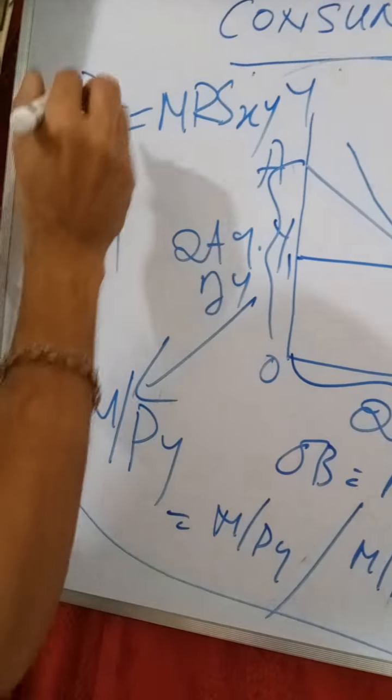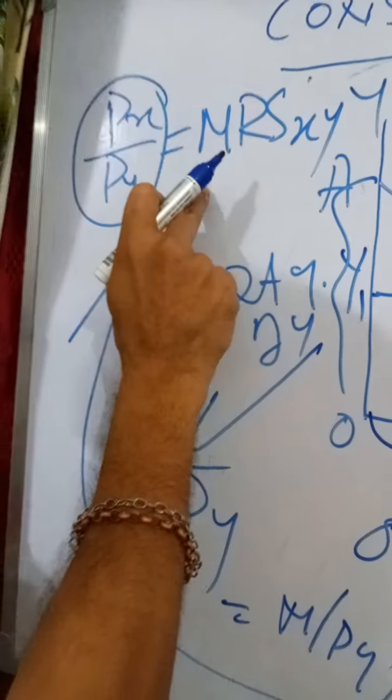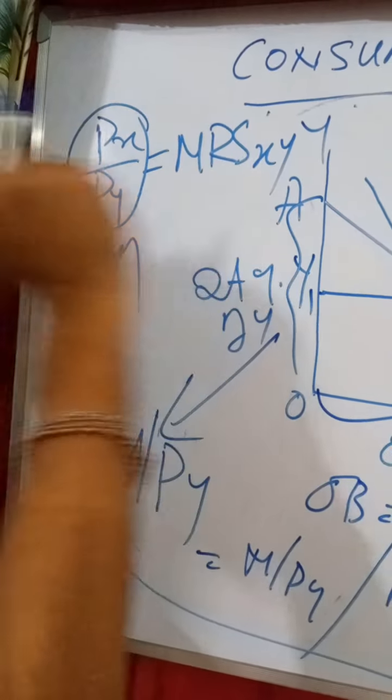That is, the ratio of the prices is equal to the marginal rate of substitution of X for Y.